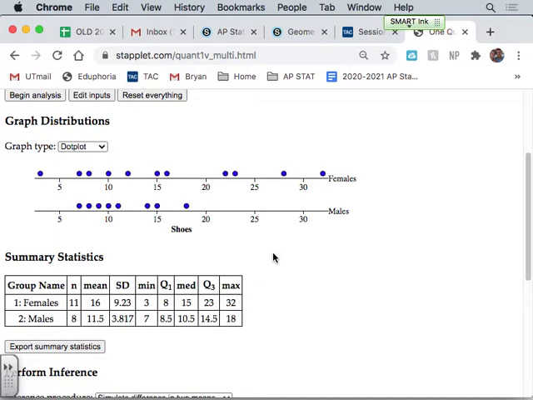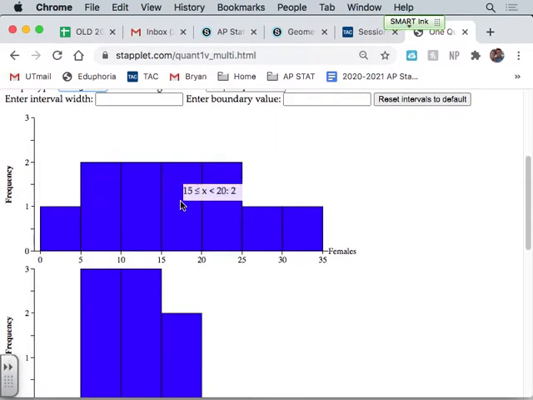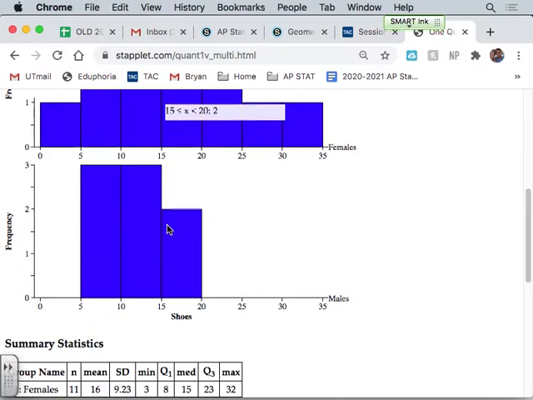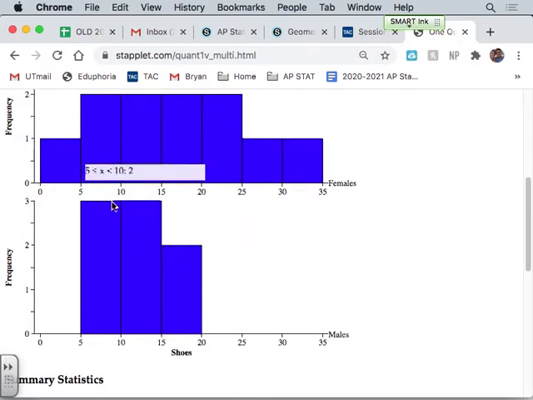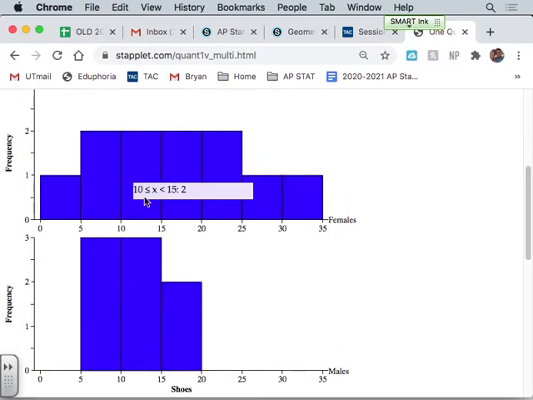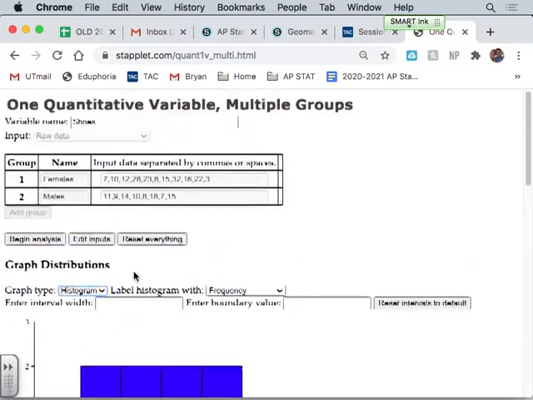The dot plots are two different dot plots: you make a dot plot labeled females, and make another dot plot labeled males. Pretty straightforward. Same for histograms. The key on the histogram is to make the boxes the same interval. You can't change it. So one for females, one for males.